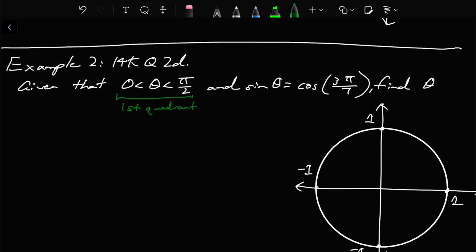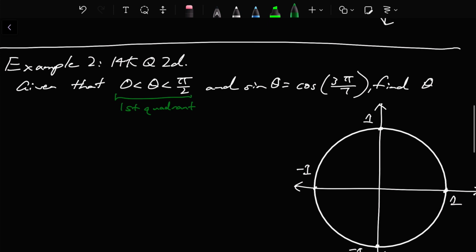So, firstly, we recognize something important. We recognize that if we do a 3 pi on 7 angle, let's draw it in blue. Three pi over 7.